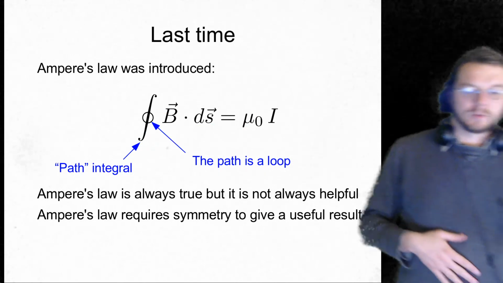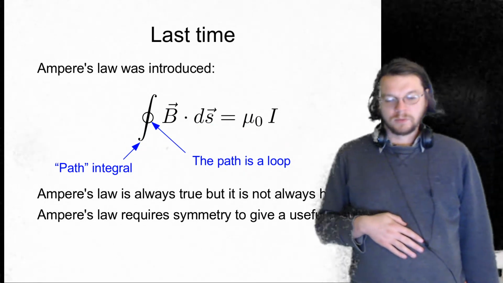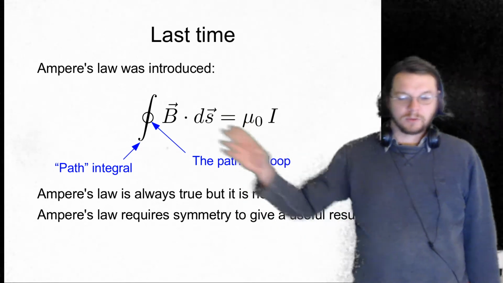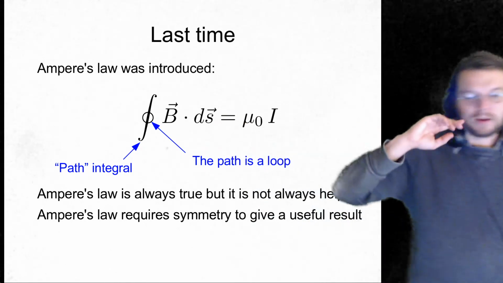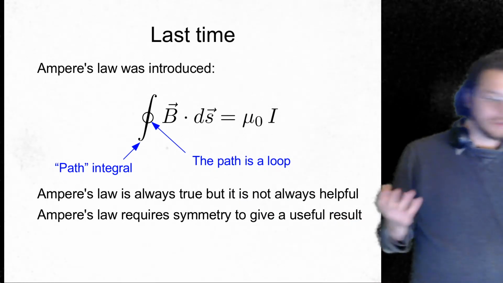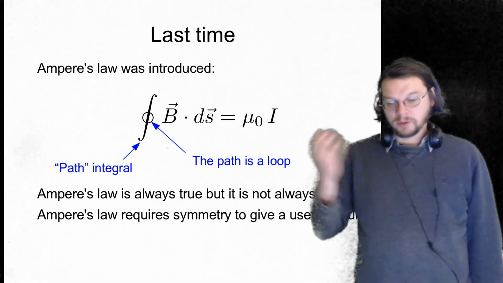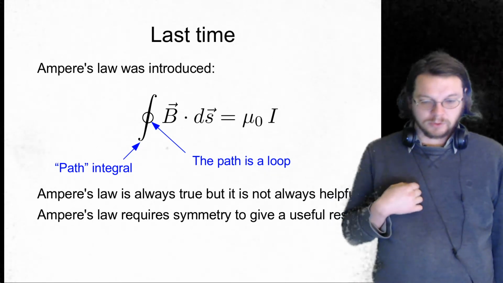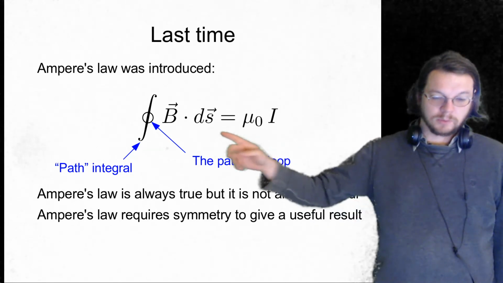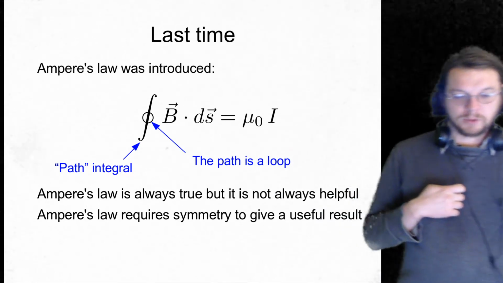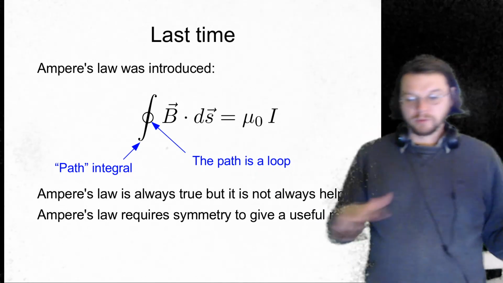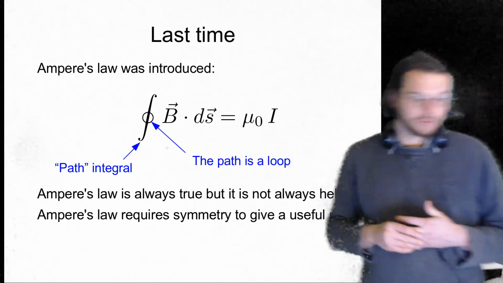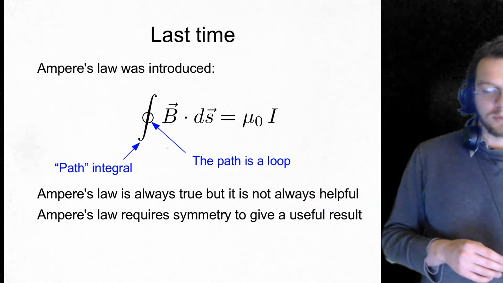That's the kind of thing in which this gives you something useful to calculate what the magnetic fields are. That doesn't always happen. There's only a couple situations in which you can do that. But the good news for you is that if you can sort of understand the different situations in which this does give you a simplified expression, well then now you have a blueprint for what in the world is on the midterm, because there's only a certain number of geometries and symmetries that I can do.